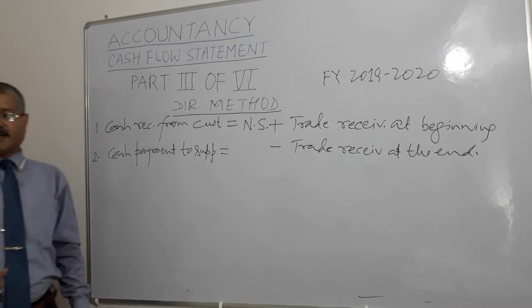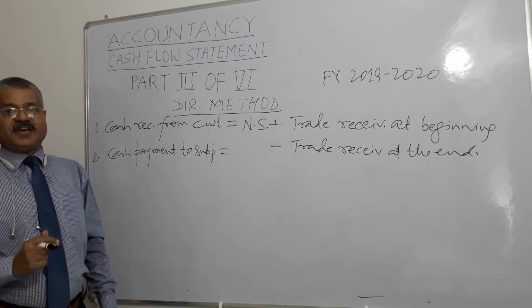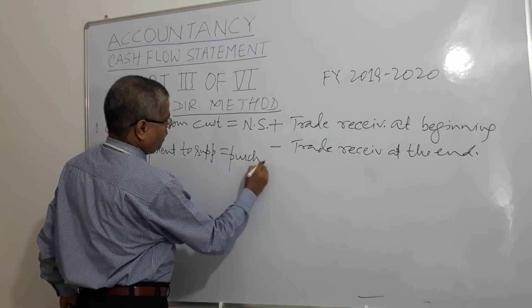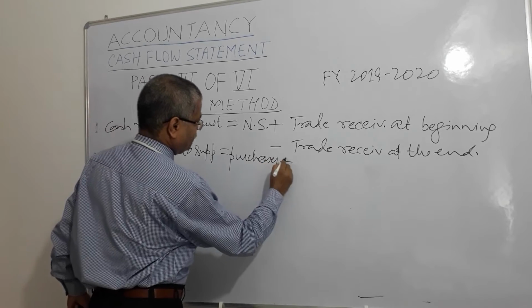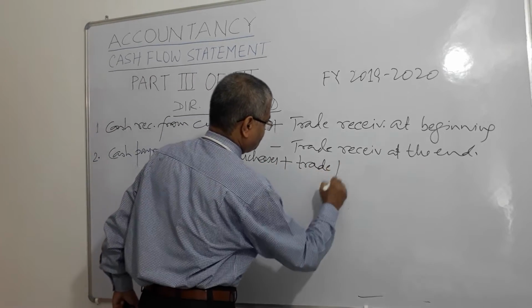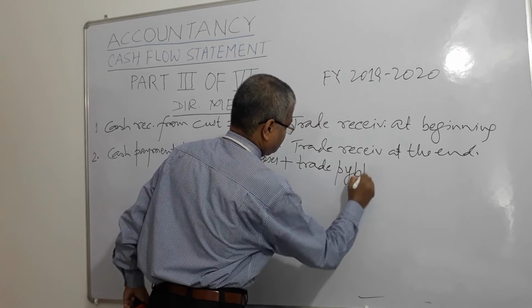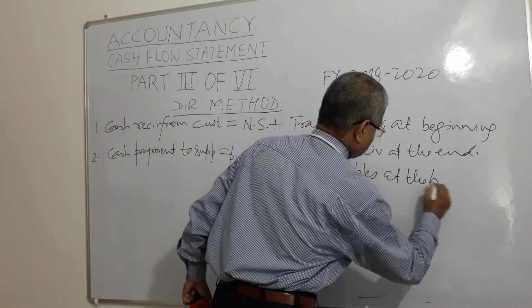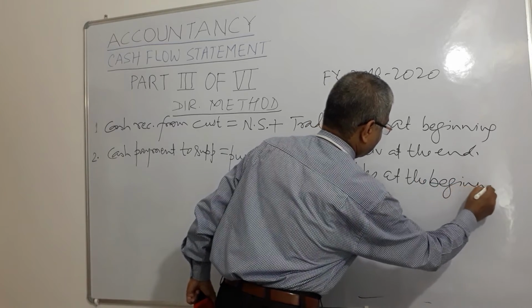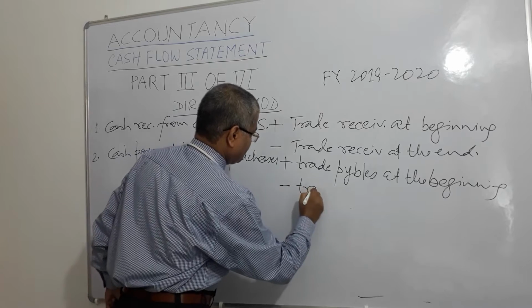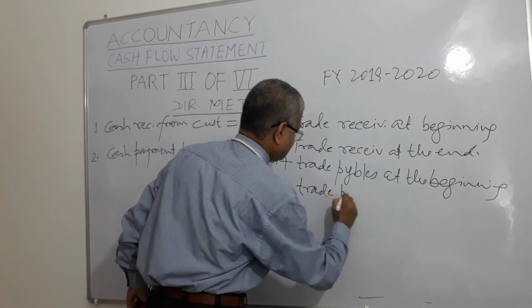Cash payment to suppliers equals purchases plus trade payables at the beginning minus trade payables at the end.